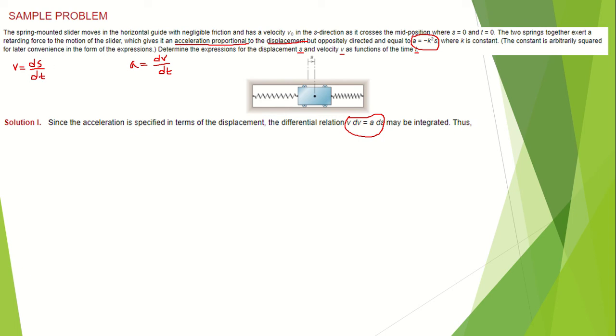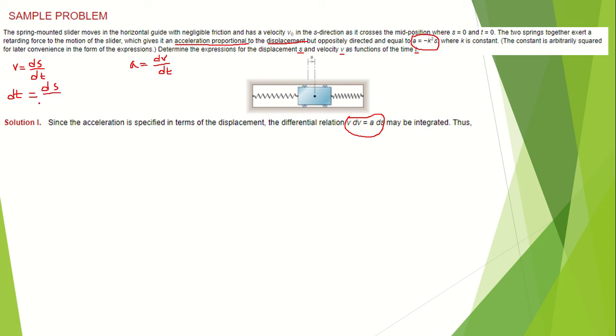From here, if we solve for dt in terms of the other factors, we cross multiply dt and v, and express dt in terms of the others. So we have dt equal to ds over v.